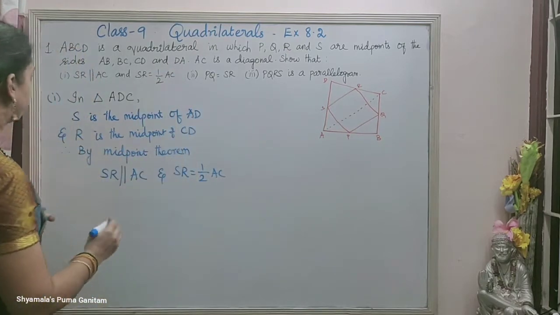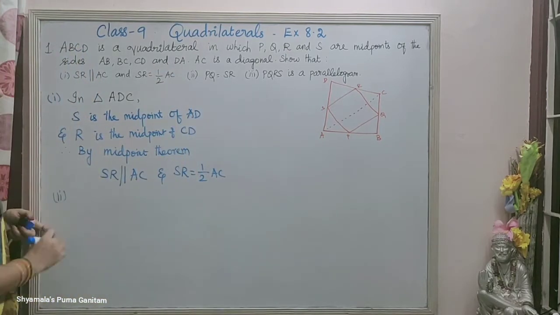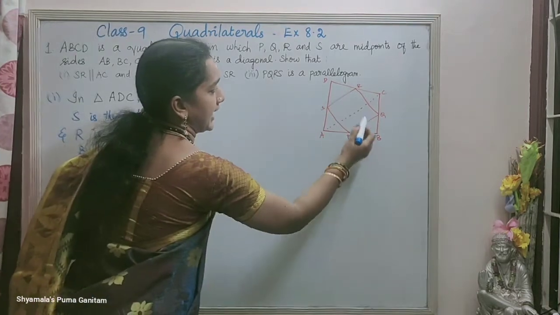Then the second one. We will take the other triangle, ABC.